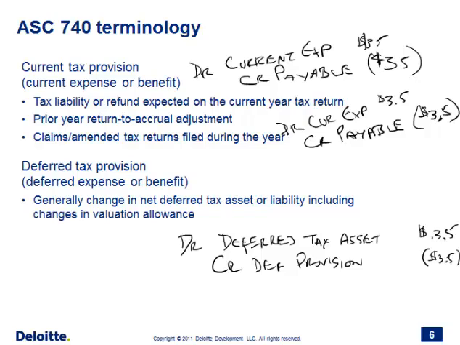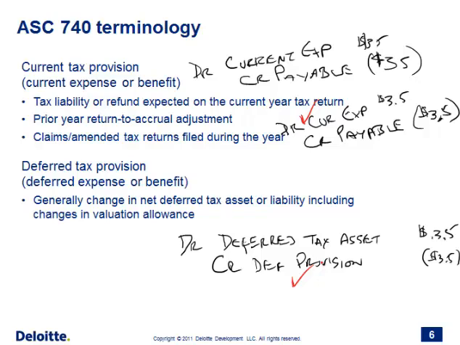So let me describe it a slightly different way and say, this is my bad guy. I'm going to have to pay more tax today, so I'm going to accrue an expense. But I know that this is just a timing item. So this right here, that's my good guy. It's going to flip around next year or sometime in the future, and I will get a deduction for that book expense.